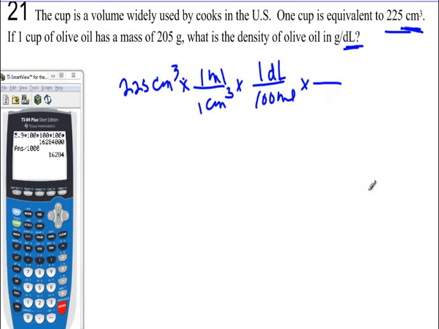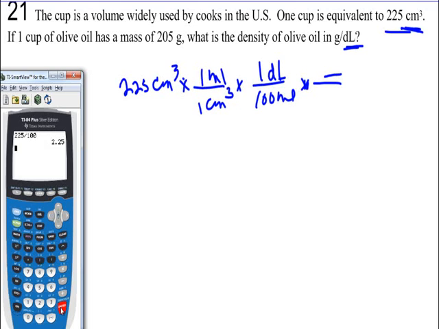Alright, let's pause. Alright, I changed my mind. This is going to give us our volume, okay? So when I punch this, what I'm going to have is 225 divided by 100. Whoops. 225 divided by 100.